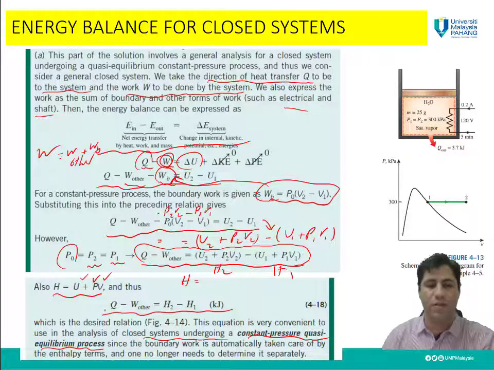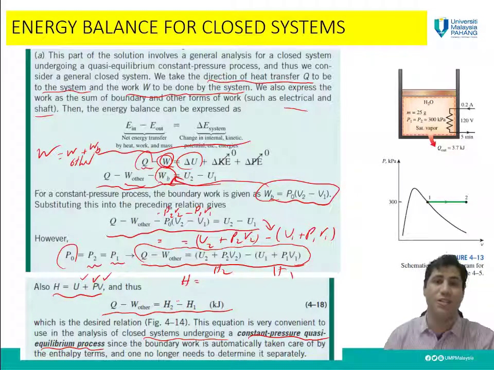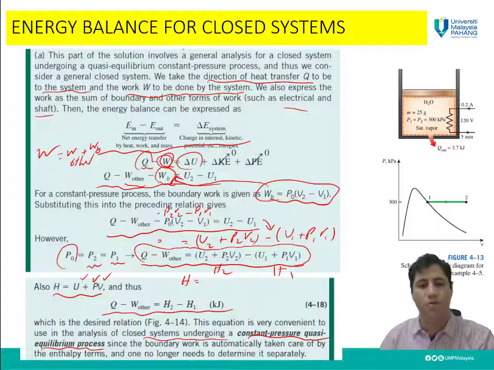And as you can see here, we ignore boundary work. Our boundary work is automatically considered in the enthalpy, or change in the enthalpy of the system. So we don't need to calculate the boundary work and internal energy of the system. We can combine them, and simply we can use just enthalpy.